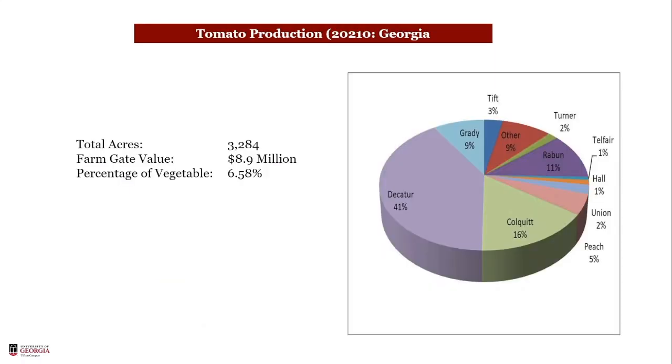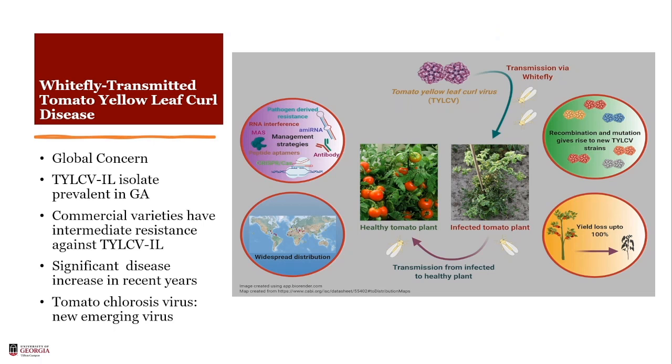So we know about the tomato production here, and this is the data from 2021. We have about 8.9 million of farm gate value for the tomatoes in Georgia. In all the tomato production, there are different virus issues, and one of the most important is tomato yellow leaf curl virus.